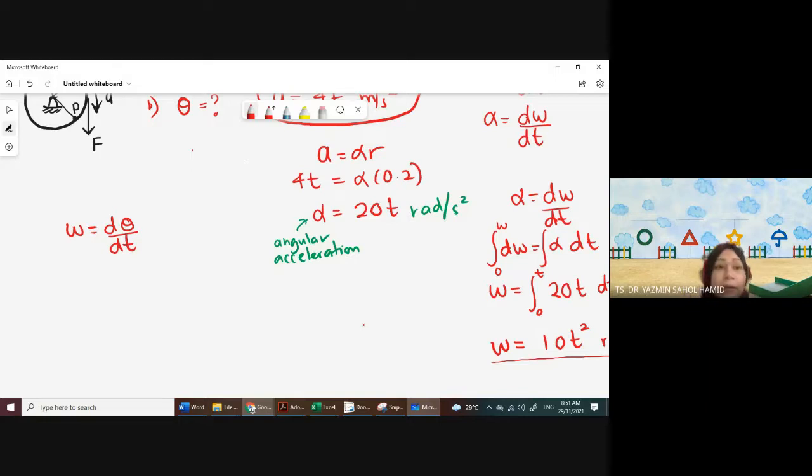So you want to integrate both sides. You integrate from 0 to theta, so you get theta back. And then you integrate the omega we got earlier, 10 t squared dt, from time 0 to t.